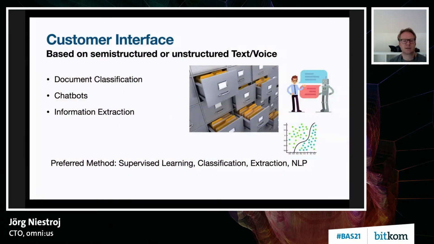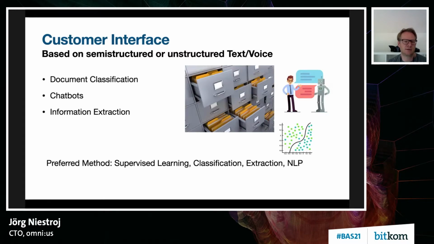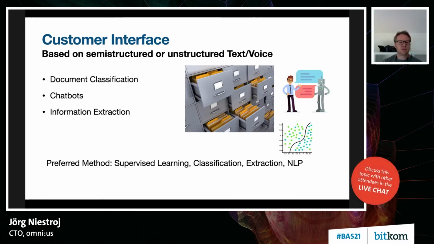Another category is facing the customer based on semi-structured or unstructured text or voice. So incoming information from your customers via letter, mail, email or chatbots, and you want to extract information or classify documents, for example, to have the next best action guess for that, or to put it in the right process in your company.